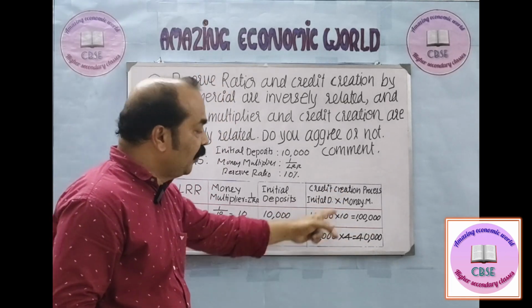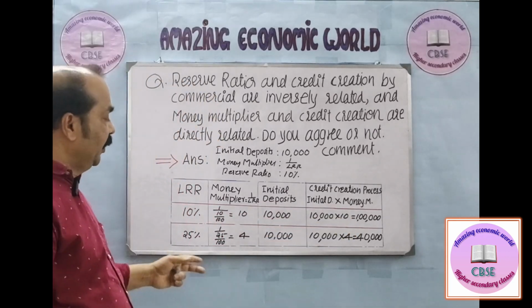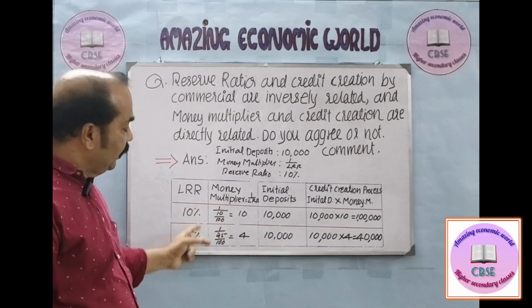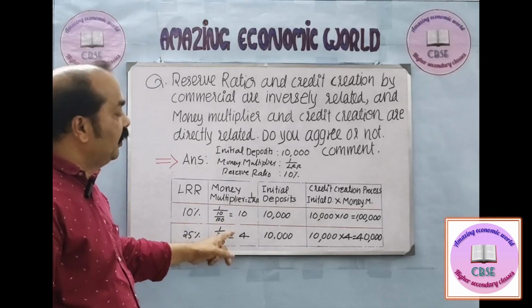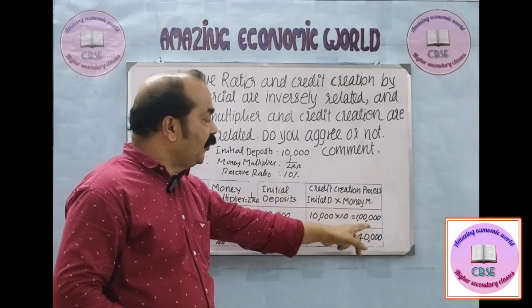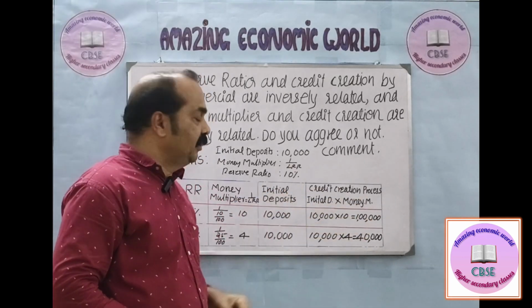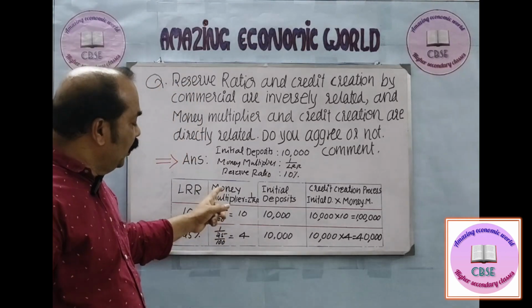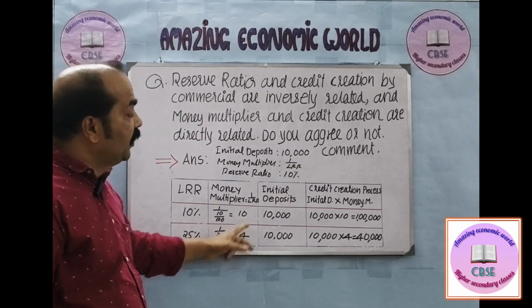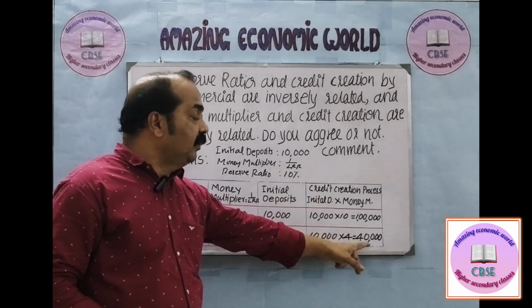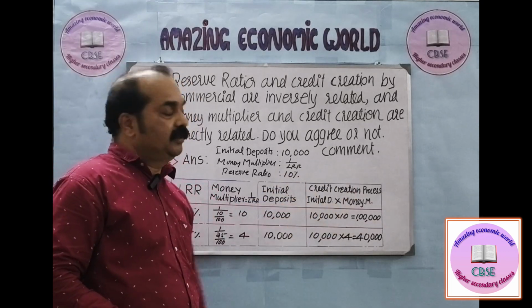That also reduced from 1 lakh to 40,000. That means higher the money multiplier, higher will be the credit creation by commercial bank. Lower the money multiplier, lower will be the credit creation by commercial bank.